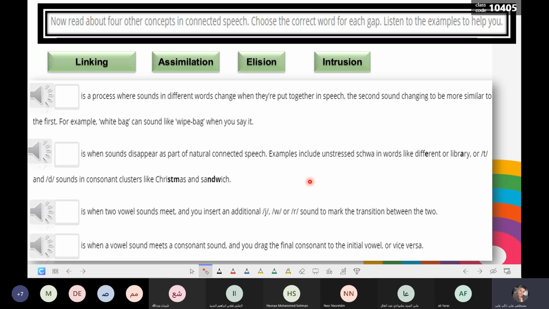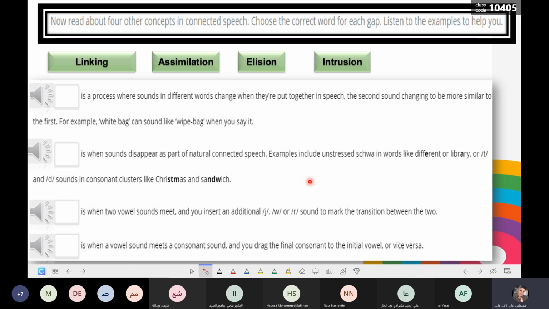So what happens is that when we connect words together, some sounds change because they are connected with other sounds, and some sounds disappear completely. For example, the word Christmas: we don't pronounce the t sound here.